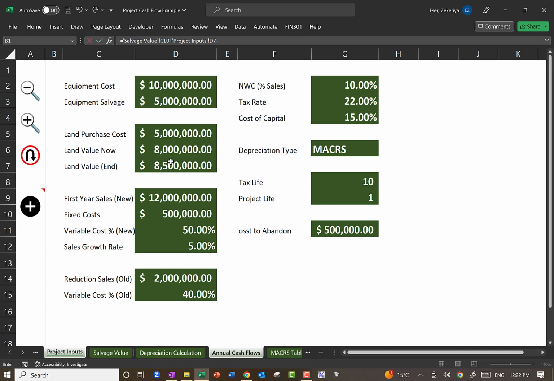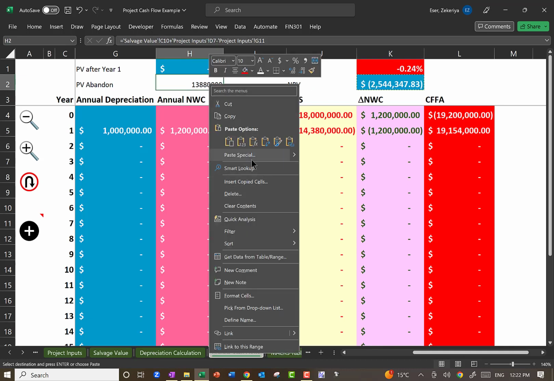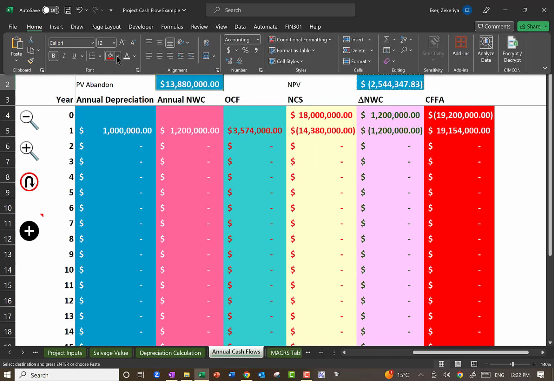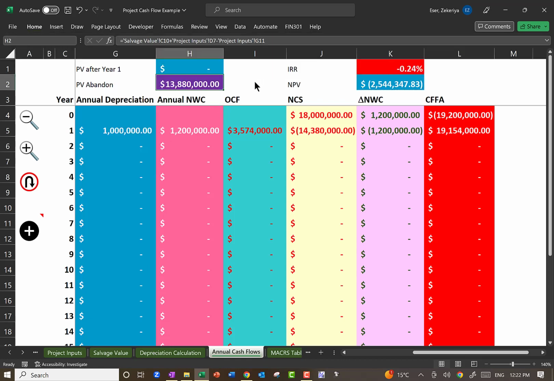And I'm gonna deduct that. Use the purple color for that. It's 13.88, right?